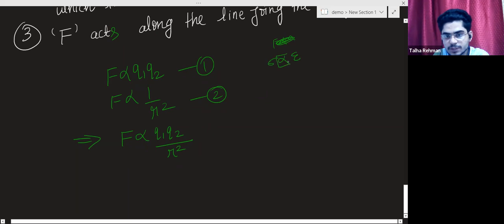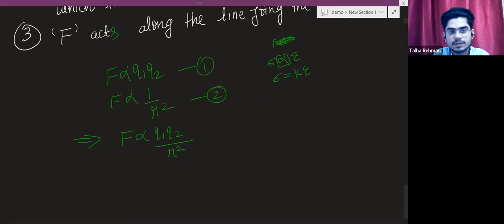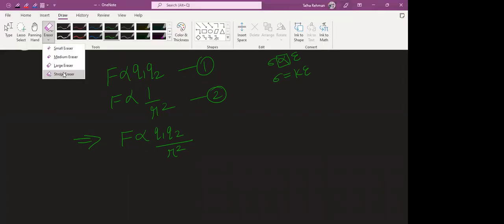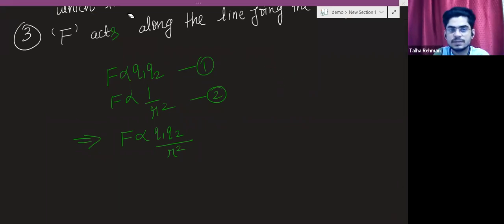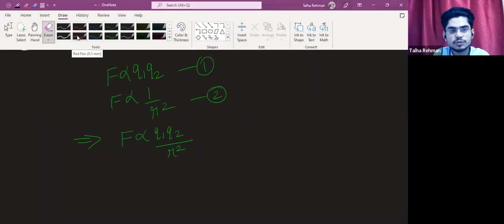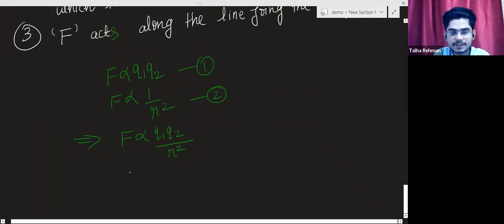When you remove the proportionality sign, there should be a constant. This happens everywhere in physics. When you remove the proportionality sign, you will get some constant, and that constant I am supposing k: k q1 q2 divided by r square.